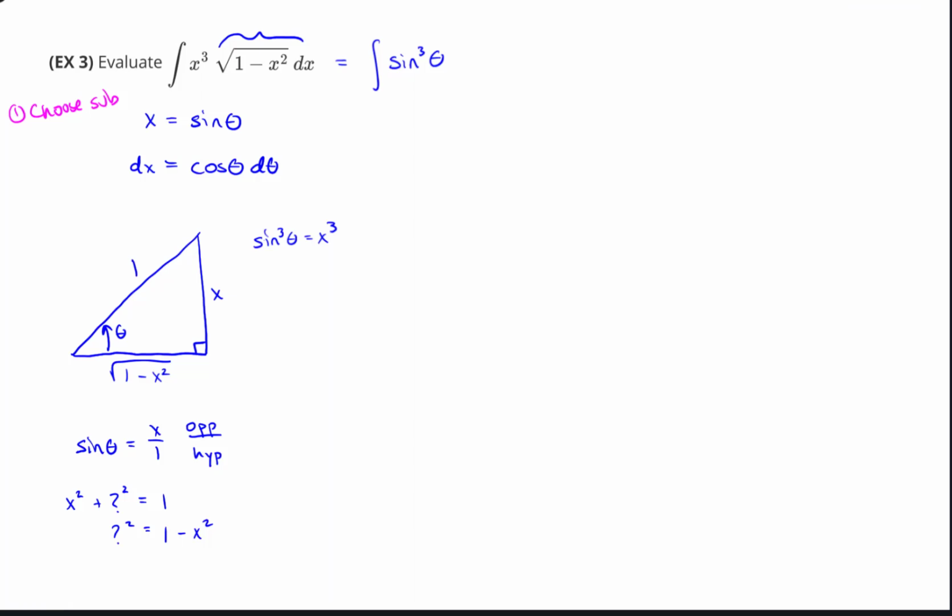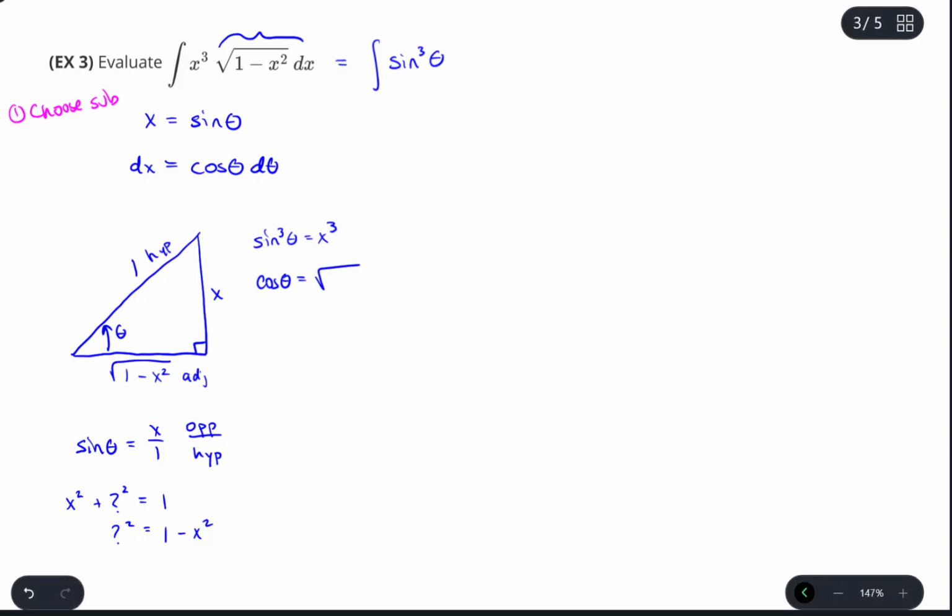I don't technically have anything to substitute right away, but if I look at my triangle, based off of this angle theta, this is my adjacent side and this is my hypotenuse. So if I were to take cosine of this angle measure, then the adjacent side over the hypotenuse would be that square root divided by 1, which is nice because I don't even have to take care of a constant. I can substitute that directly for cosine theta.